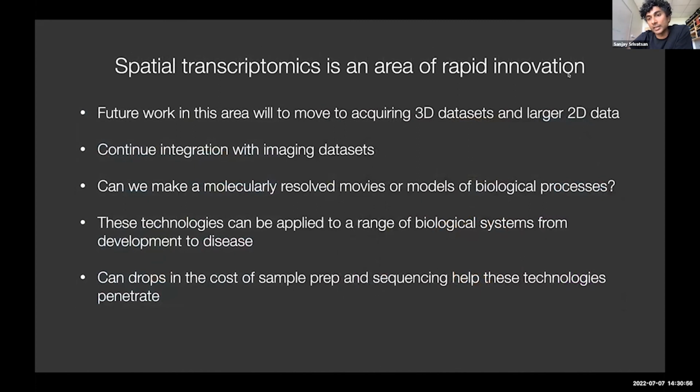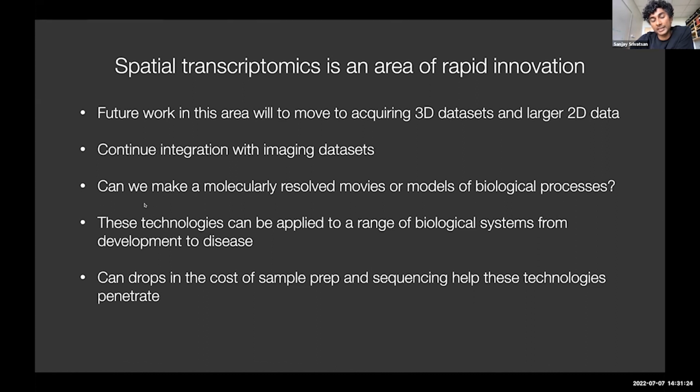As this field goes forward, I think it's going to be imperative that we move from acquiring these 2D data sets that I've shown here to more 3D data sets, and continue integrating with other imaging data sets. The final goal, I think, should be making a molecularly resolved movie or model of a biological process.